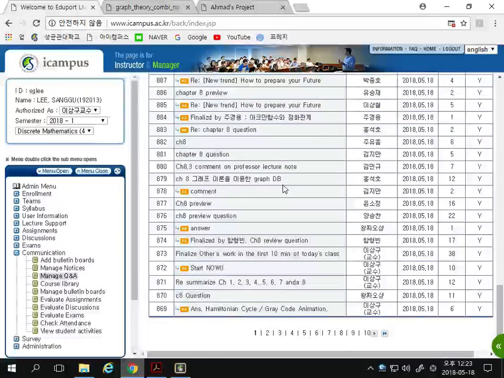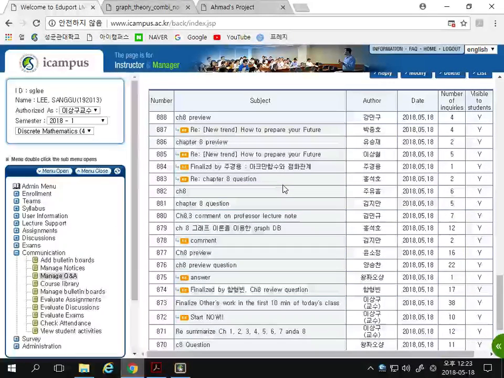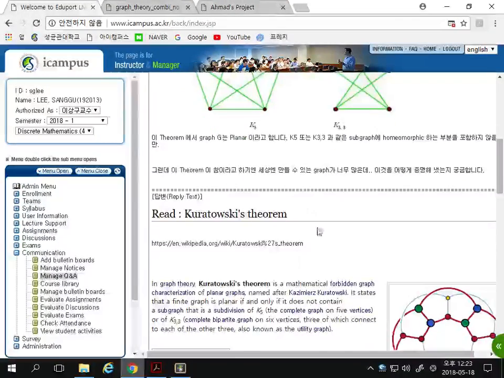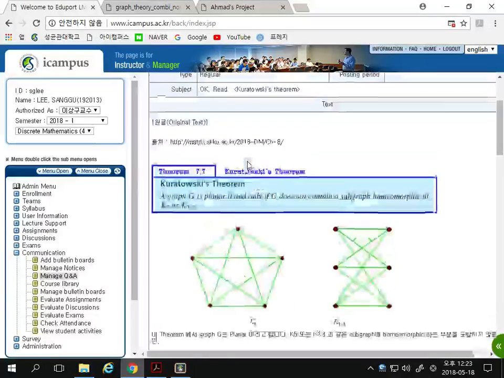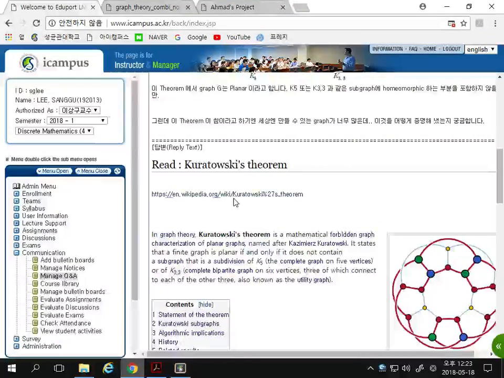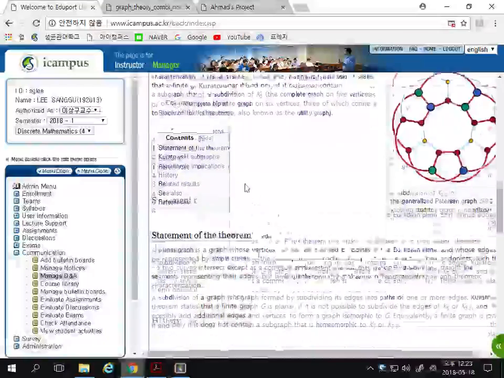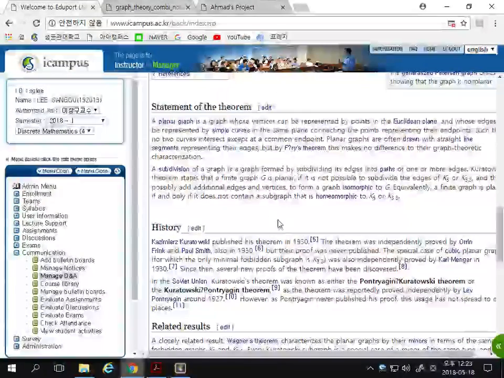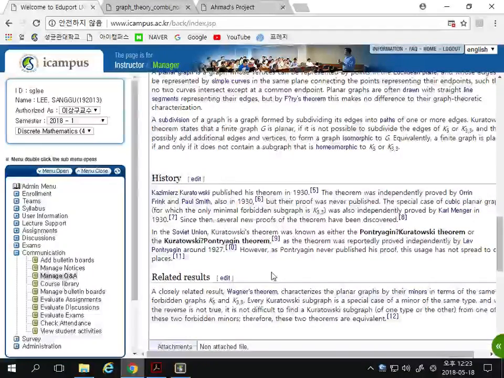Kuratowski's theorem. One of the students asked about Kuratowski's theorem, and this is an explanation of the history of this theorem and the related result.